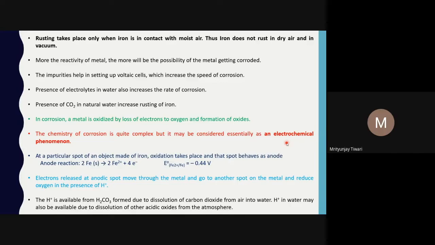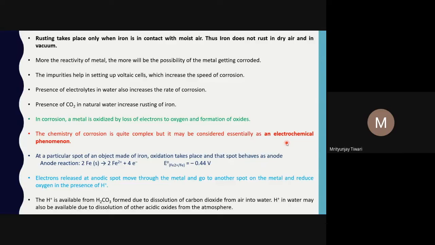Although rusting is a complex process, we can roughly write these rusting reactions in a certain way. At a particular spot of an object made of iron, oxidation takes place and that spot behaves as the anode.